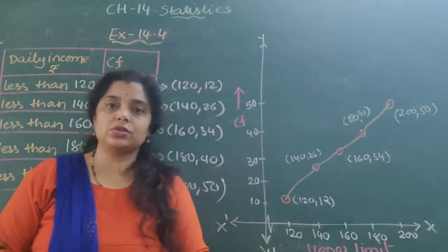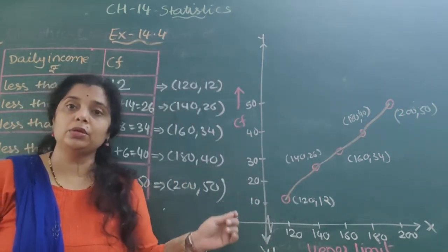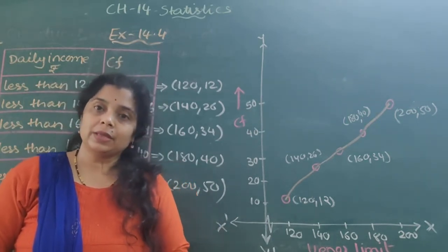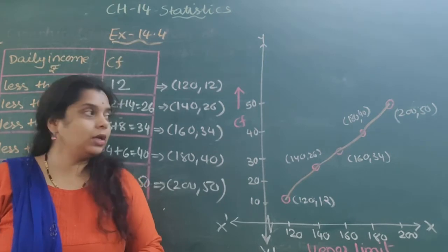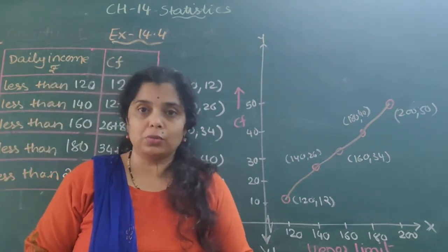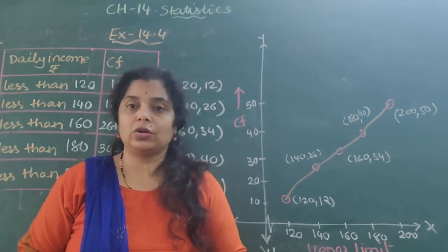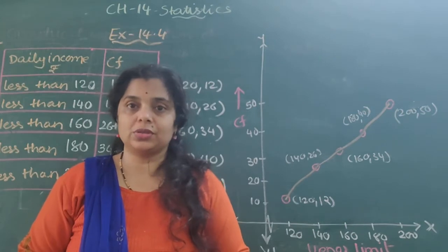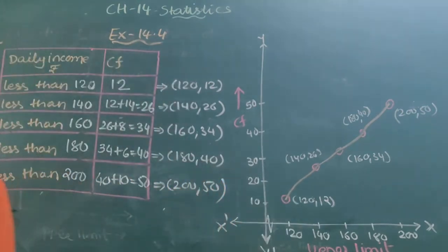I hope you understood this and you are able to plot the less than type graph. Is it clear? Such questions are mostly asked for 4 marks, so do not ignore such major questions. Let's see the next one.